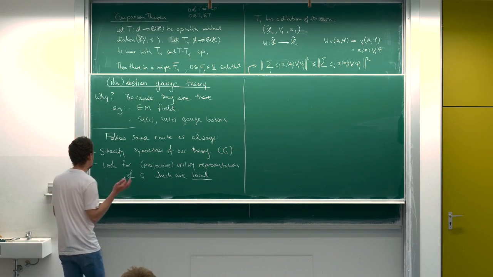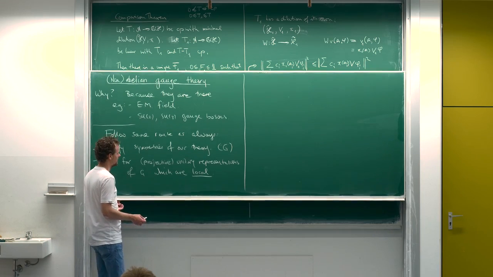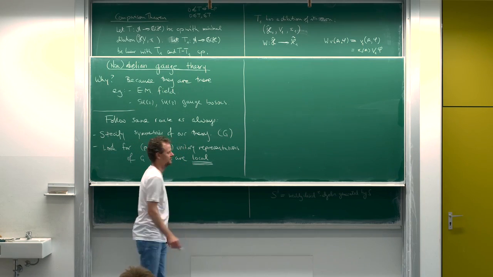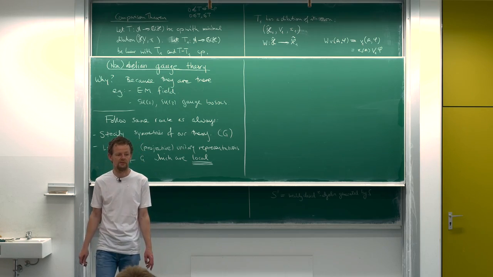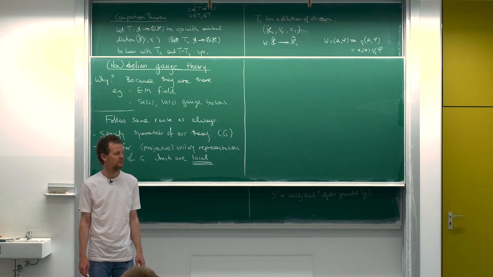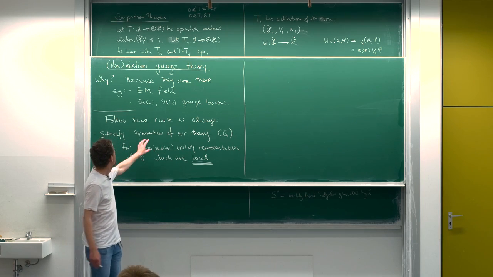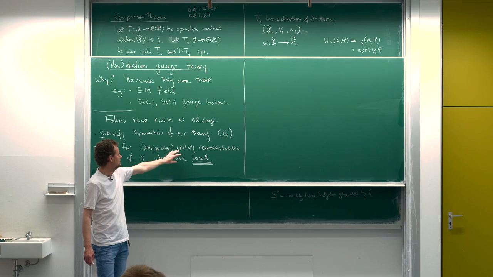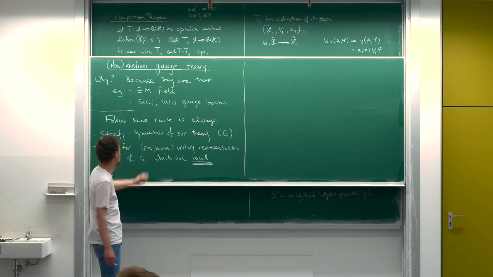Because we have this notion that interaction should be local, and that extra constraint of locality is what gives us quantum field theory. It's the only way we know, with some exceptions, to build representations of symmetries that are consistent with locality. That's what quantum field theory is.